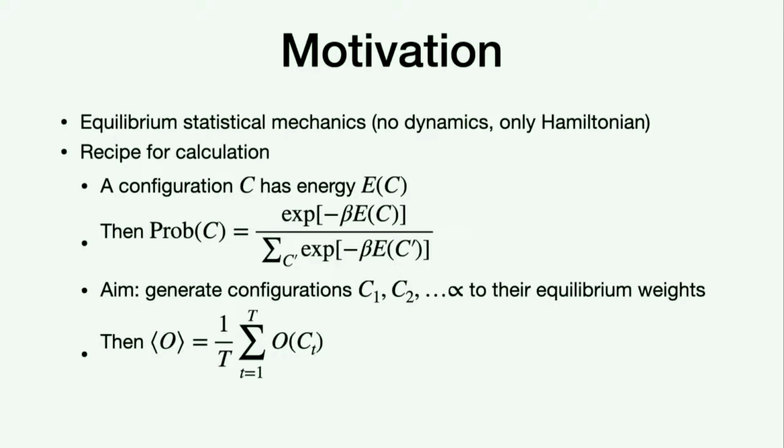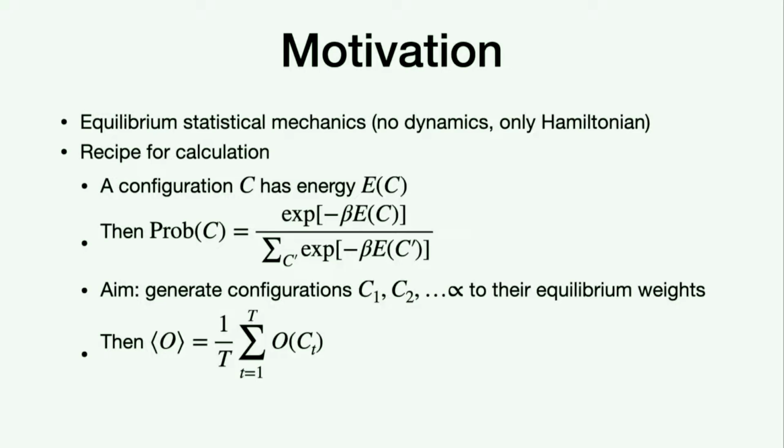Now the aim is, I want to do this on a computer, but I cannot generate all configurations on the computer. So I want to generate configurations C1, C2, C3, C4 and so on. But the configurations don't come with the same weight. They have different probabilities, e to the minus beta E of C. So I should be able to program in such a manner that configuration C1 comes with probability e to the minus beta E of C1, C2 comes with probability e to the minus beta E of C2, and so on.